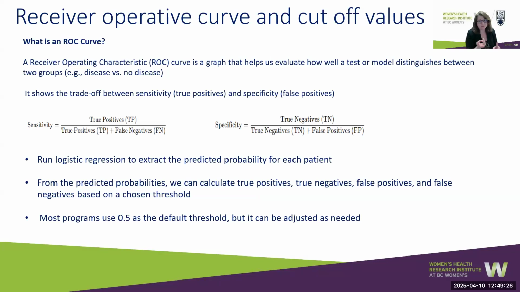You can build it with specificity, your figure will just look like a mirror. It's still correct, but when you publish it, it's better to use sensitivity and 1 minus specificity. For example, if you do it in SAS, it's automatically done that way. Yesterday, I needed to do the same analysis for something else.